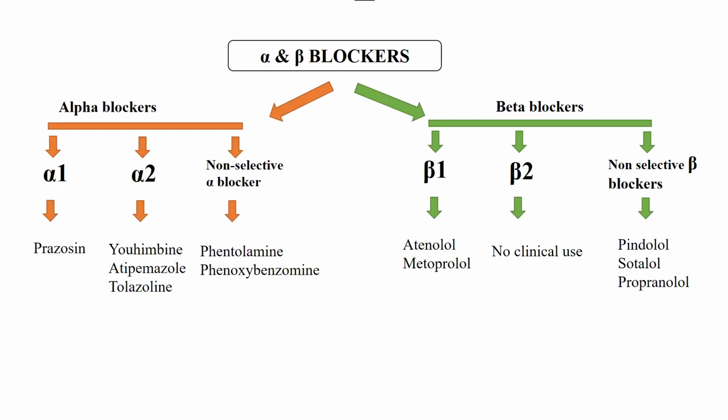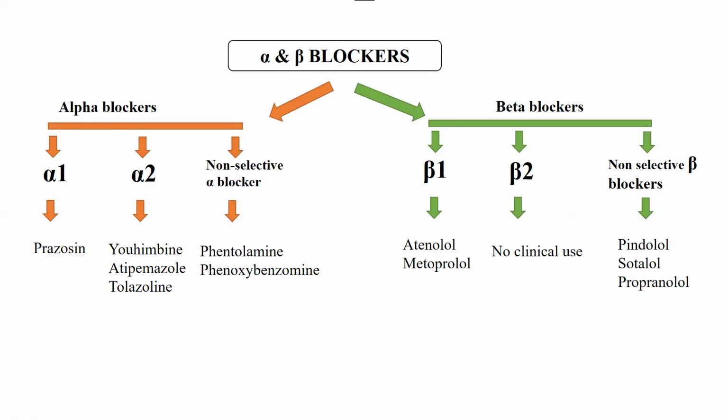Then we have non-selective alpha blockers that will block alpha 1 and alpha 2 both. They include phentolamine and phenoxybenzamine. Then for beta 1, we have atenolol and metoprolol. Beta 2 blockers have no clinical use. And then we have non-selective beta blockers: pindolol, sotalol, and propranolol.